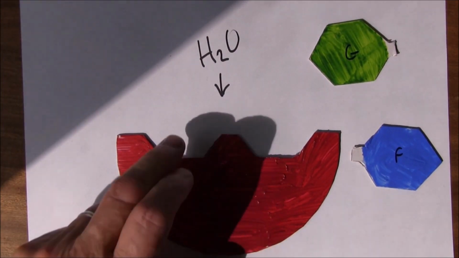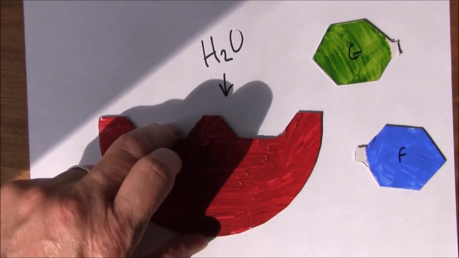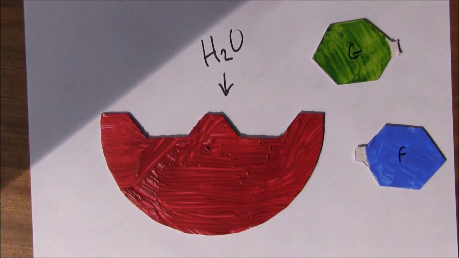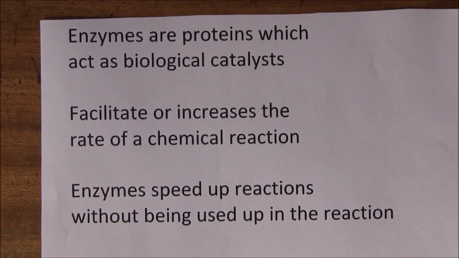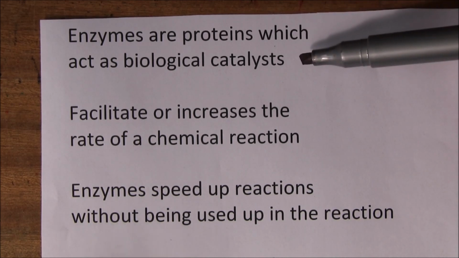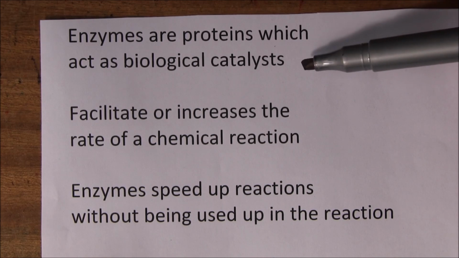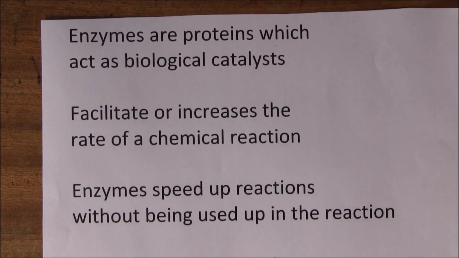But in the presence of even a small amount of the enzyme, in this case sucrase, the rate of breakdown is accelerated by millions of times. It's millions of times faster. So just to review a few points, enzymes are proteins which act as a biological catalyst, facilitating and, as we've seen, greatly increasing the rate of reactions.